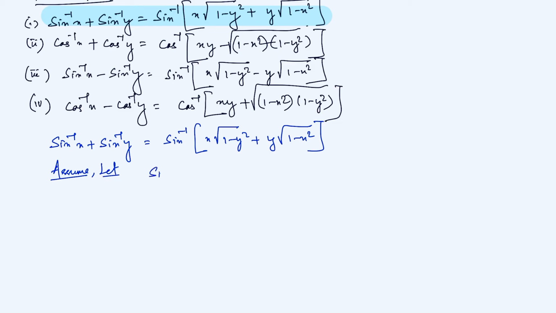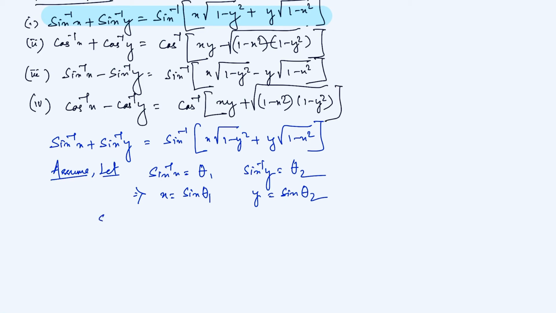Let sine inverse of x be equal to theta 1 and sine inverse of y be equal to theta 2. So x is equal to sine theta 1, y is equal to sine theta 2.